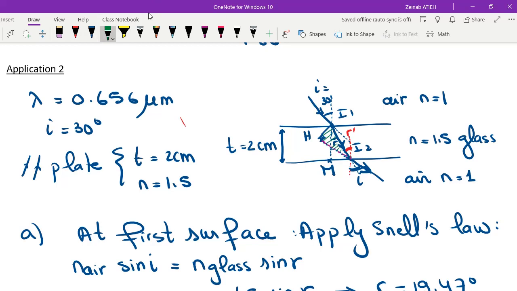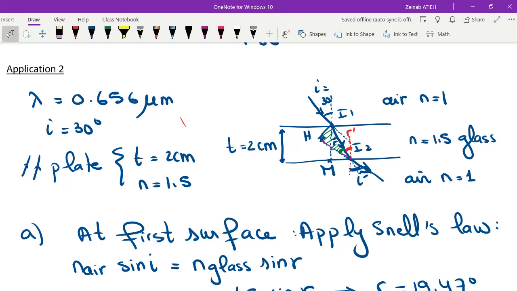Okay, so this angle, in green, is H I2 I1. This angle is equal to I prime minus R prime.